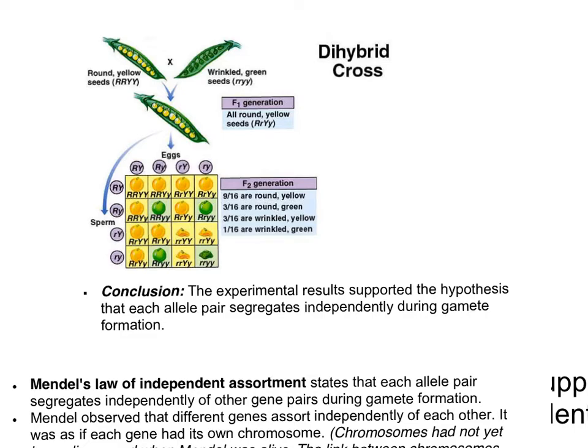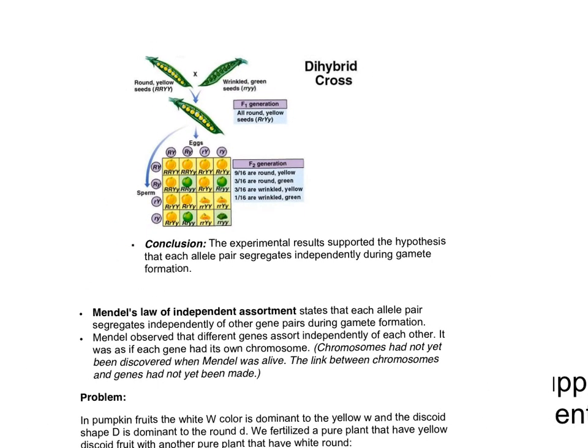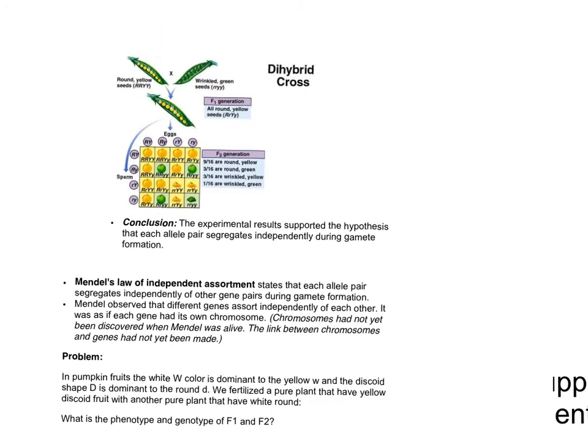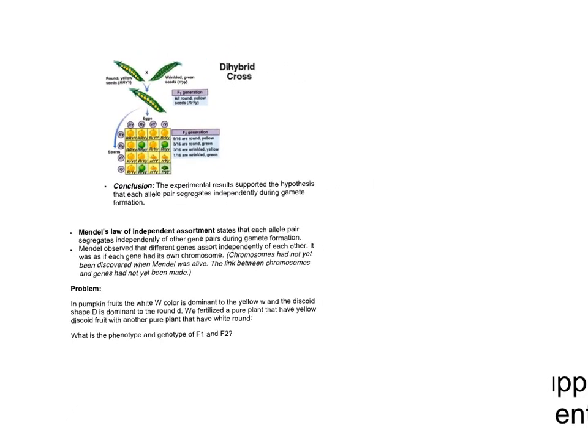The reason I mention this is because we will be going over examples where they are not independently assorted. So Mendel's law of independent assortment depends on the idea that they're not on the same chromosome very close together.